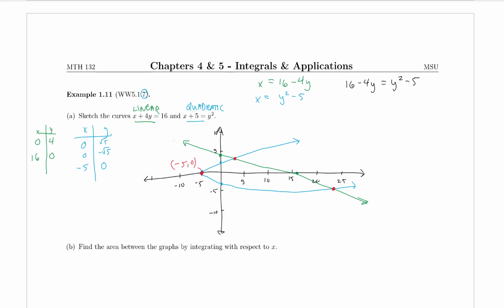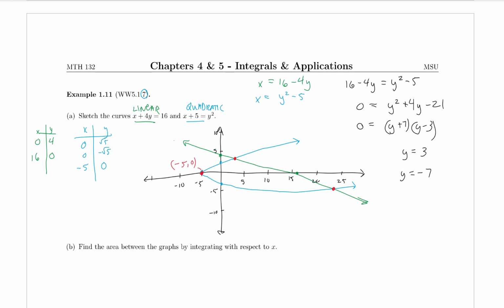And this is a quadratic, so we need to get one of the sides equal to 0. So we have that 0 is equal to y squared plus 4y minus 21. And that conveniently factors into y plus 7, y minus 3, to give us that the y coordinates of our intersections are at 3 and at negative 7.